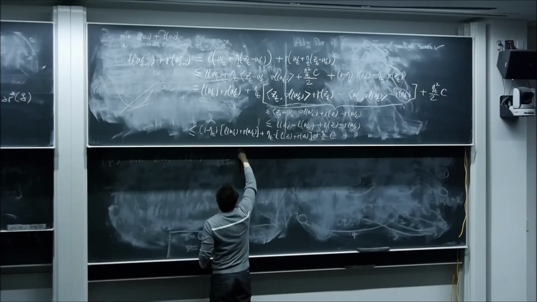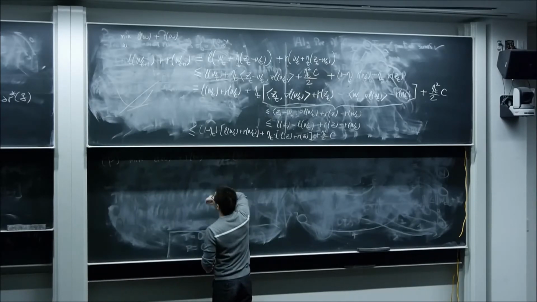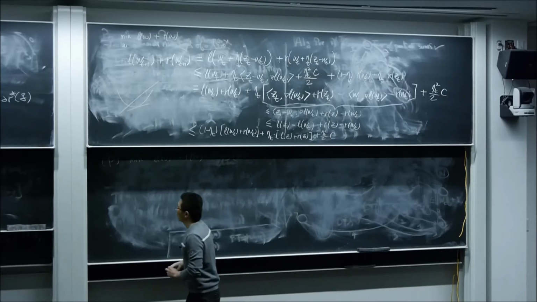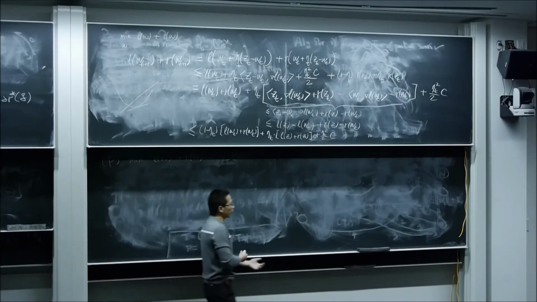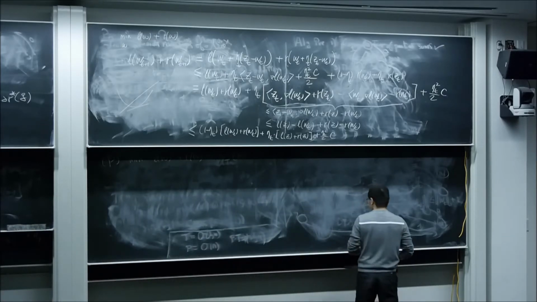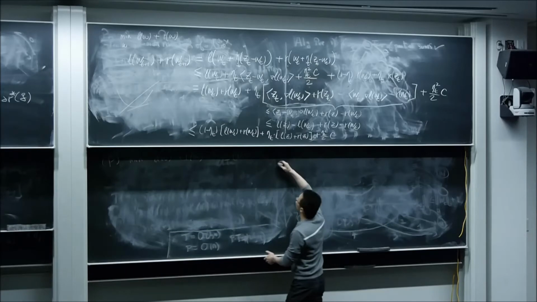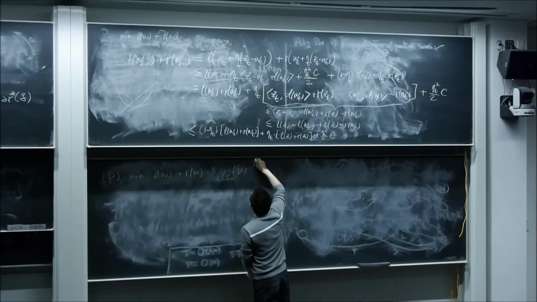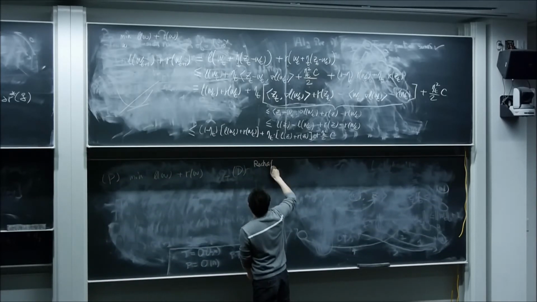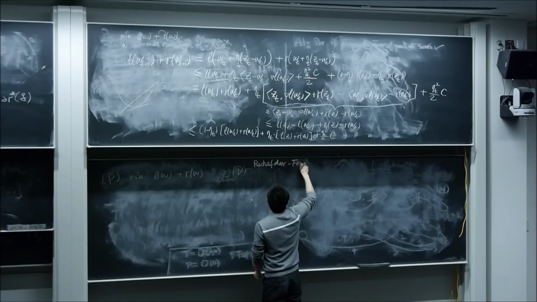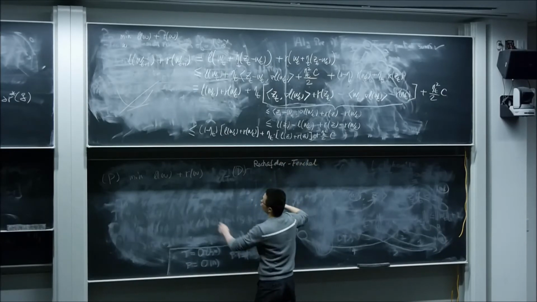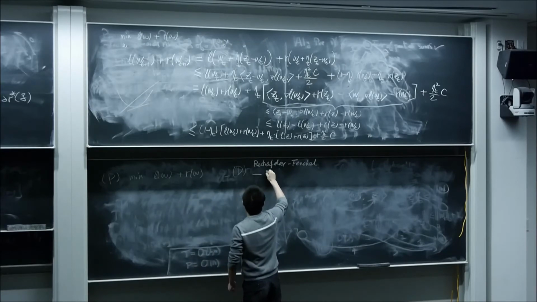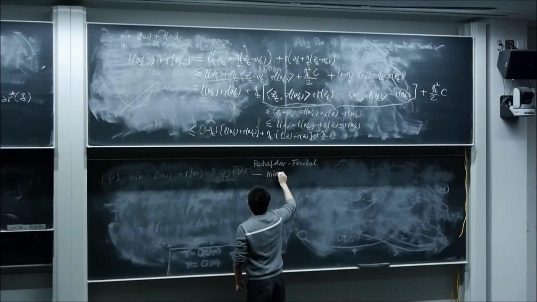What is the dual of this? Okay. There are many ways to derive the dual, and in particular, I'm going to use the so-called Rockafellar-Fenchel dual, which essentially says that minimizing this is equivalent to minus minimizing L star, the Fenchel conjugate of L at alpha, plus R star, the Fenchel conjugate of R at minus alpha.